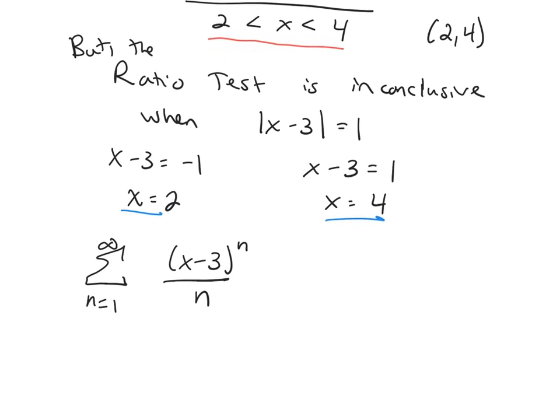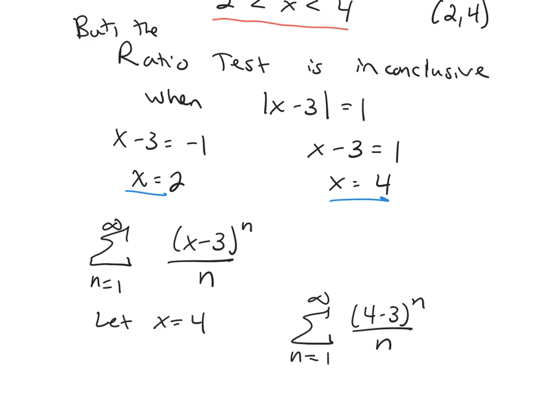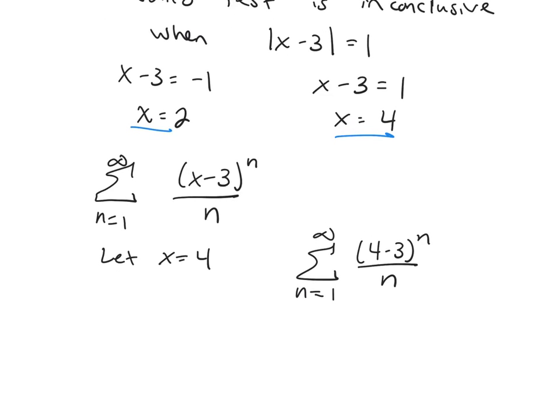And I need to plug in both values and see what happens. So let's start with x equals 4 and plug that in. Four minus 3 to the n over n. I need to simplify that.